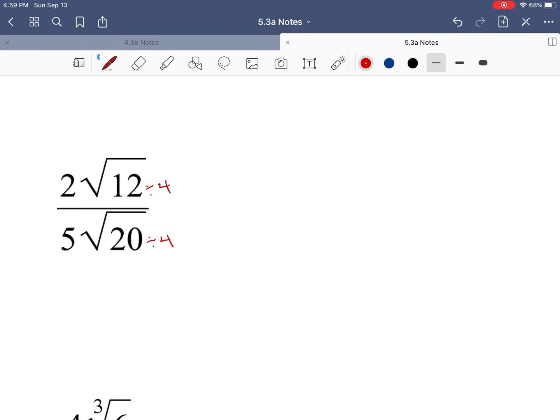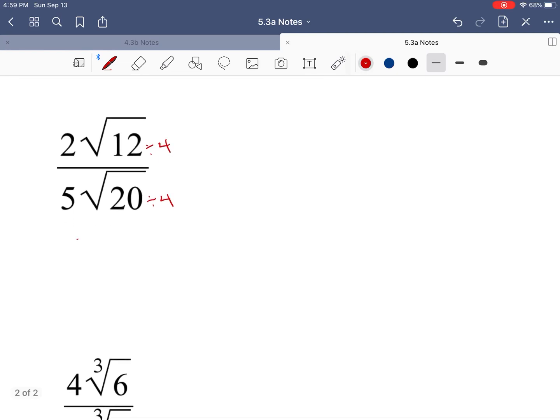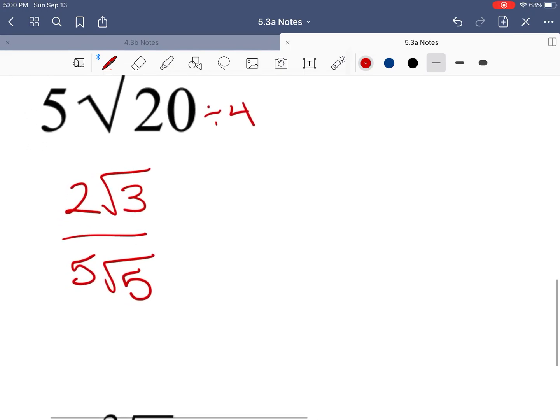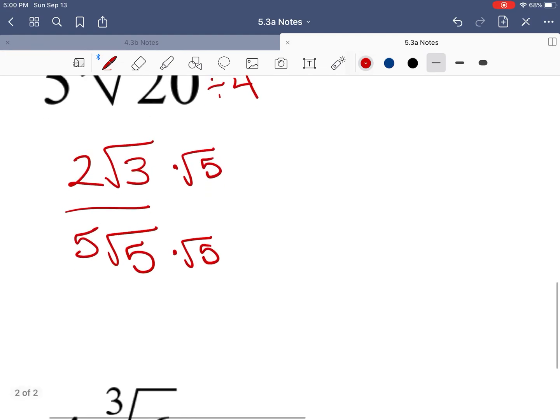Technically, I'd be dividing by root of 4, but potato, potato. So 2 root of 3 over 5 root of 5. To get rid of that root of 5 in the denominator, I want it to be a perfect square. The easiest one is 25. So I'm going to multiply this by root of 5 and my numerator by root of 5 as well.